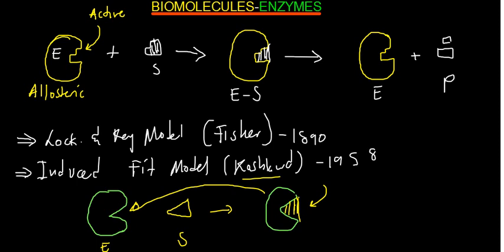So for example, when this reaction happens, the product that you are going to have will look something like this. So the substrate has been broken, and there is the product. Now it can no longer fit into the active site of the enzyme. Alright.